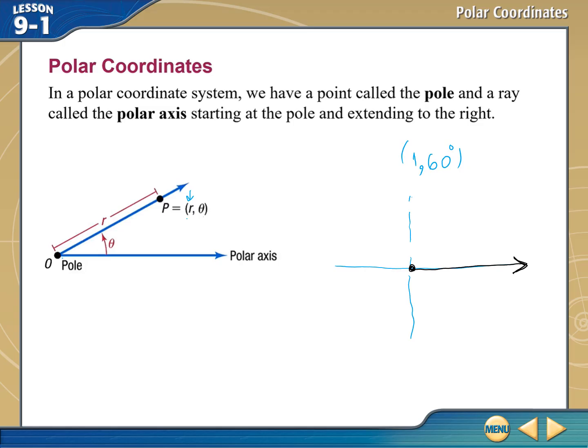So this is the polar axis, near the x-axis. Now you have to make the 60 degree. So 60 degree is in the first quadrant. This is the first quadrant, here is the second quadrant, here is the third quadrant, and this is the fourth quadrant. Here you have the 0 degree, right?